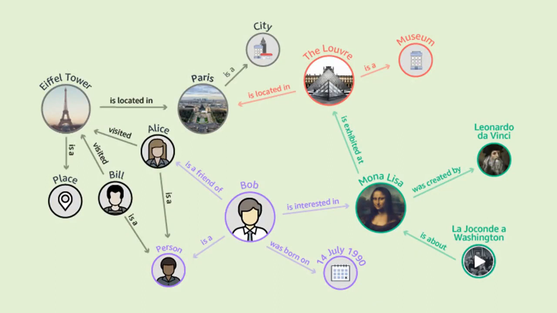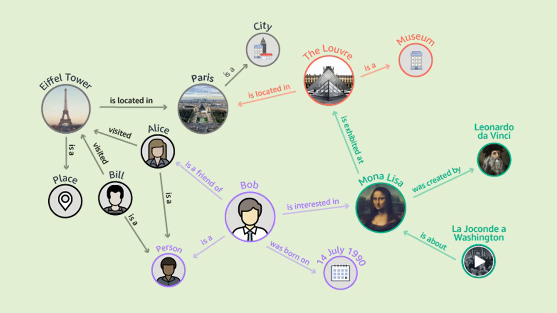Similarly, here is a typical example that could be used with a graph database. Here it is an example of different relations that exist together in a graph. So here we have the Eiffel Tower as a node, which is a place, and the relation is place, which is being visited by Bill and Alice, and Bill is a person and Alice is also a person.